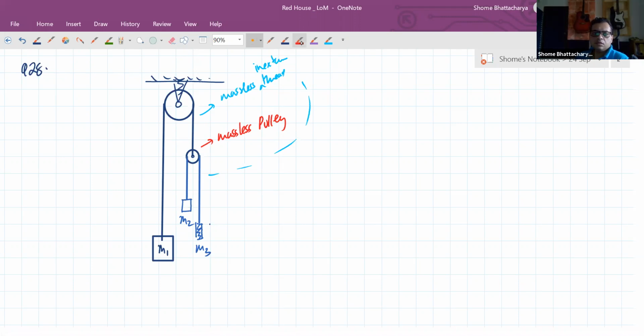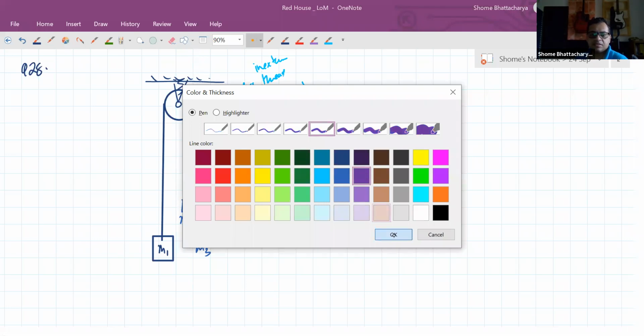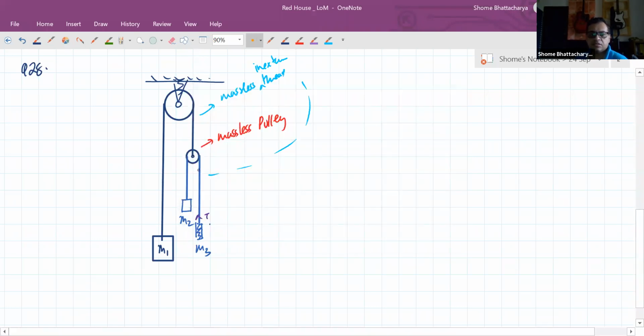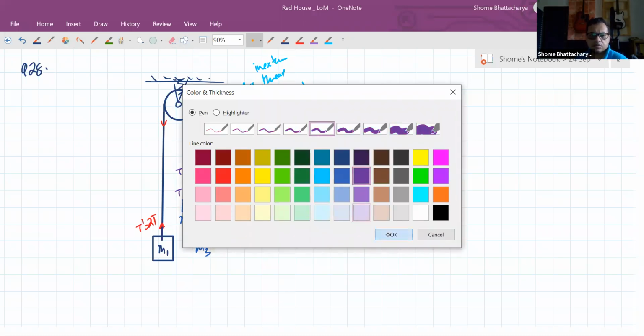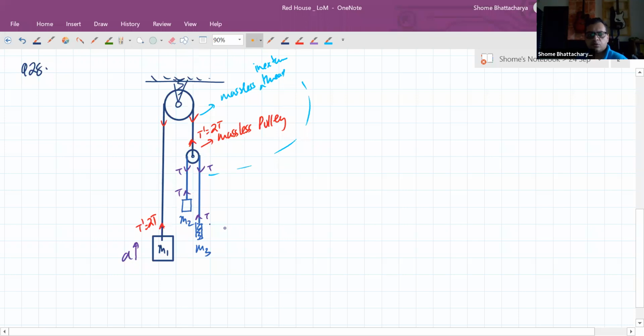Okay, now see, now that we are experienced in doing questions like this, now we will first just understand the direct thing, that if the tension in this string is T, then because the pulley is massless, then directly we can say the tension in this string is 2T. Okay, so that's one thing. The other thing is that this block, suppose it has an acceleration A with respect to ground, then this pulley will have a downward acceleration A with respect to ground.